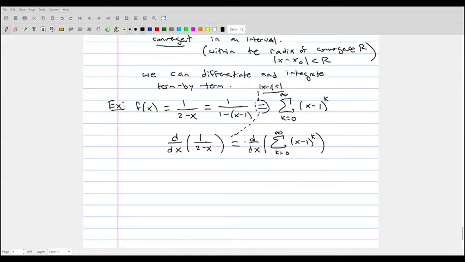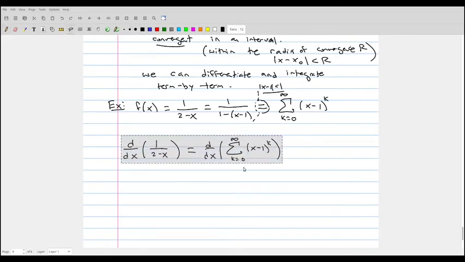The theorem is saying that the derivative of the left-hand side will be equal to the derivative of the right-hand side as long as we're in the interval of convergence. So as long as we're within a distance of 1 from the center, which here is positive 1, so x is between 0 and 2.